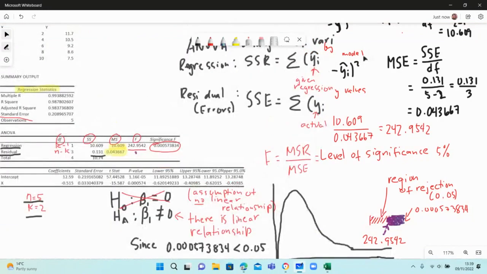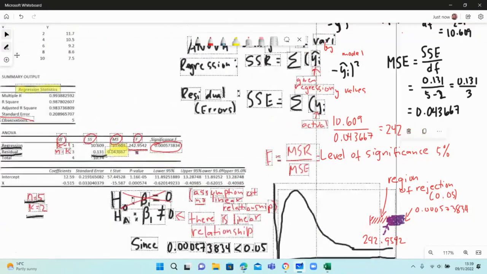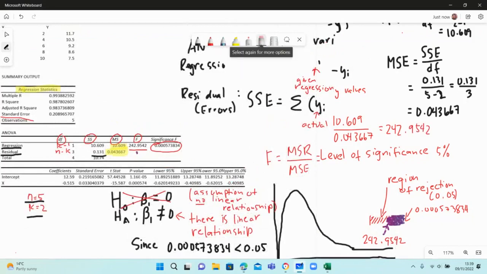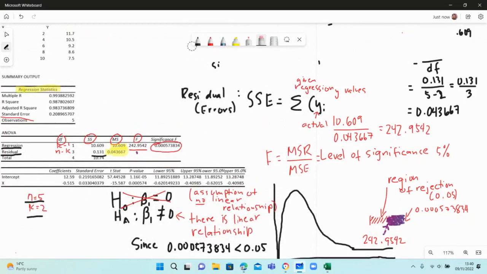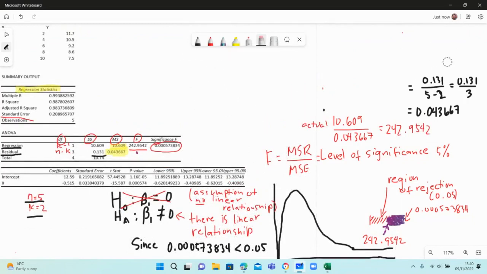So we now go to the last part of our summary output. Let me just erase some of the items here.